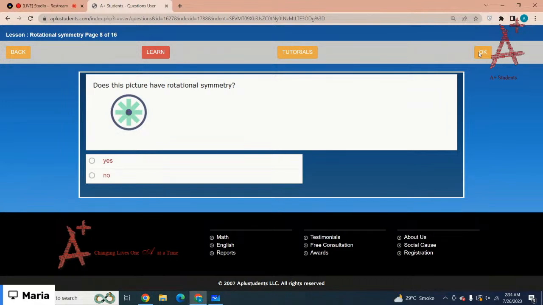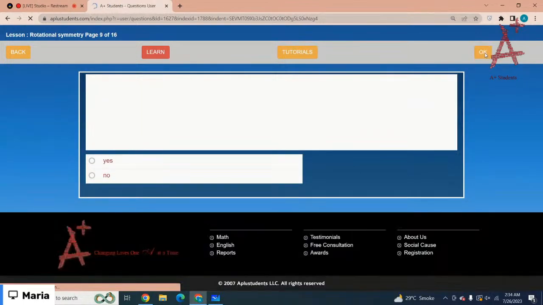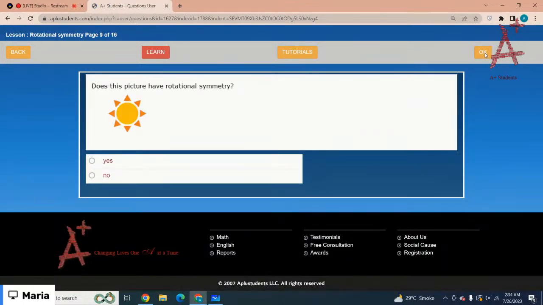Does this picture have rotational symmetry? The correct option is yes. Does this picture have rotational symmetry?